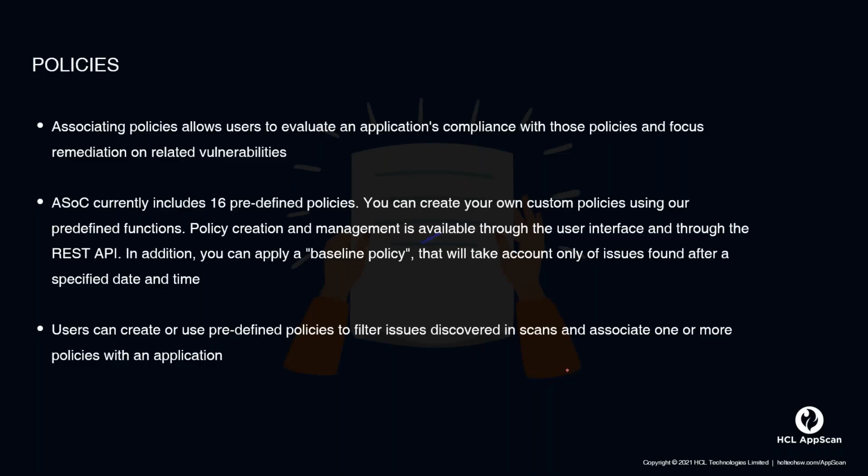Okay, and then policy, as we mentioned earlier, is something that can be tied to an application for live compliance checking. There are different predefined policies that you can select, things like OWASP top 10, PCI compliance, HIPAA, SANS top 25. These are the types of policies that you can tie to a particular application.